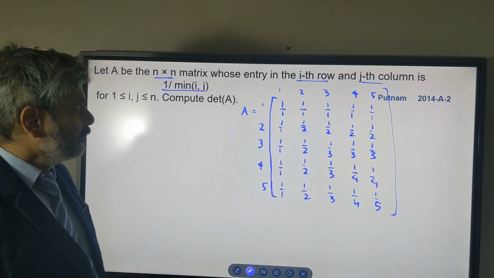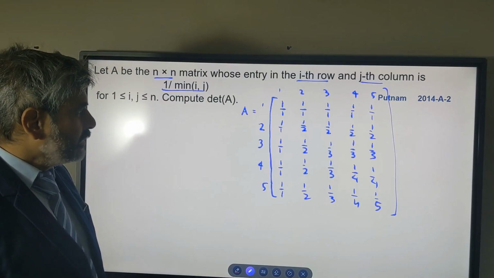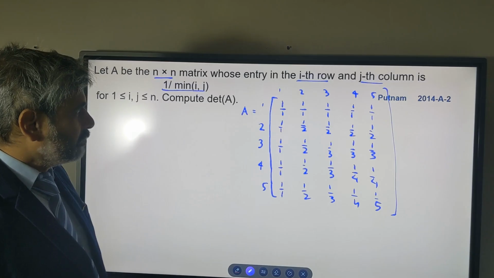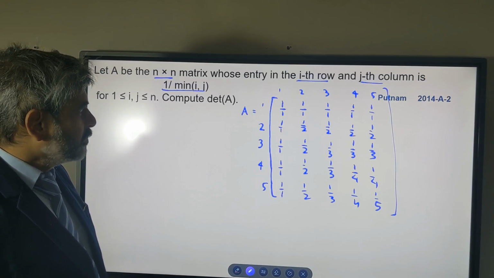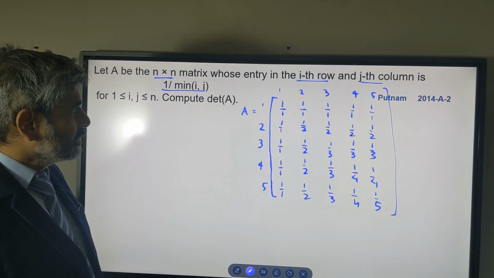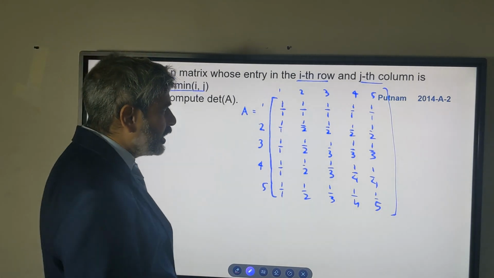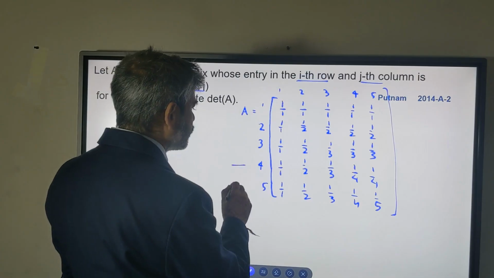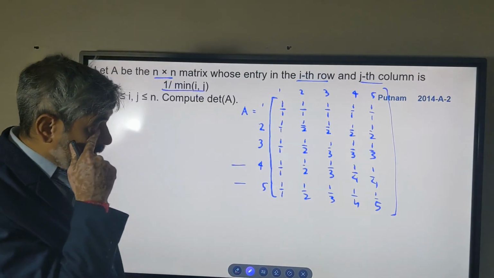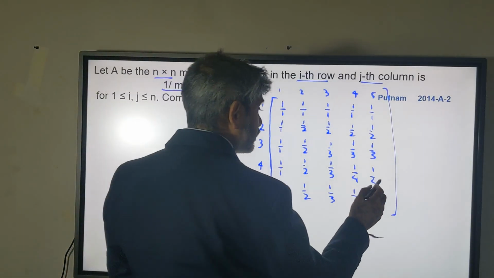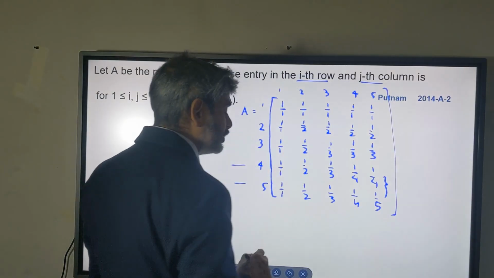So the key idea here is, if you look at any two rows, this row and this row, the only difference is in between these two terms.